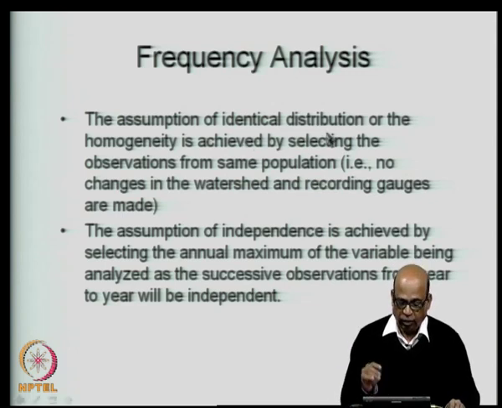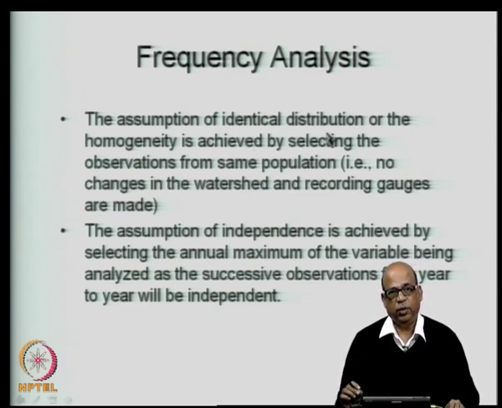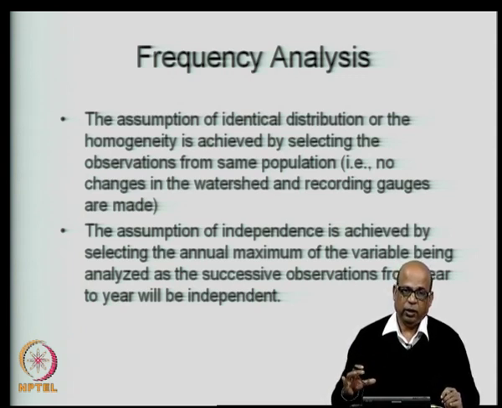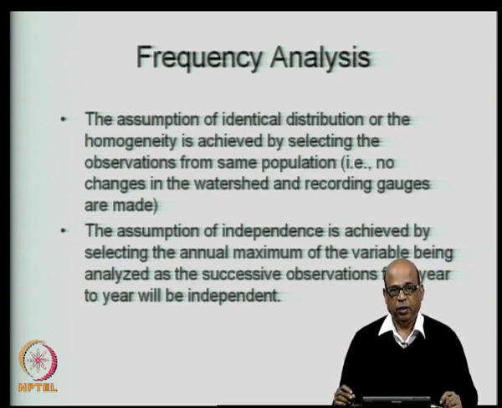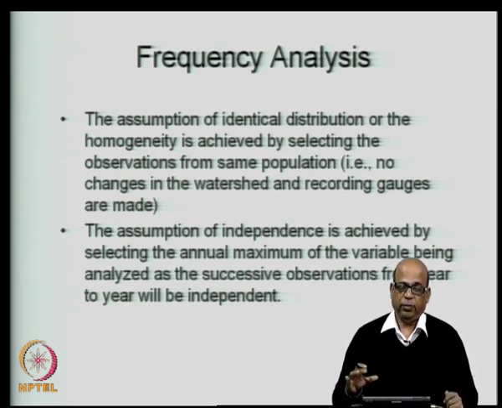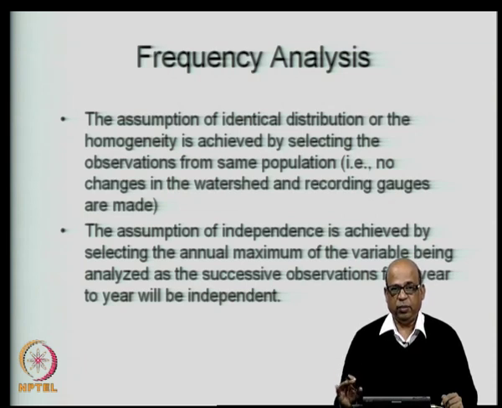The assumption of identical distribution or time homogeneity is achieved by selecting observations from the same population. What I mean by the same population is that the data you are analyzing must have come from the same watershed which has not gone through any drastic changes during the period of the data. For example, sudden urbanization has not taken place, or the characteristics of the watershed have essentially remained unchanged during the period of the data.